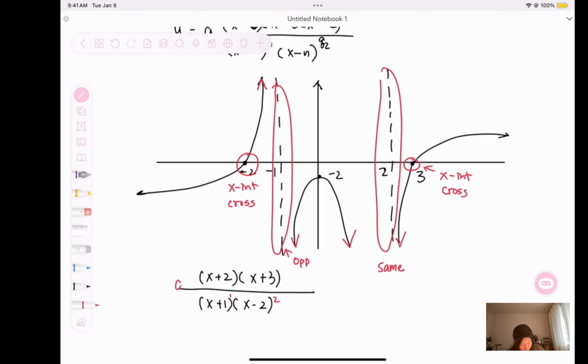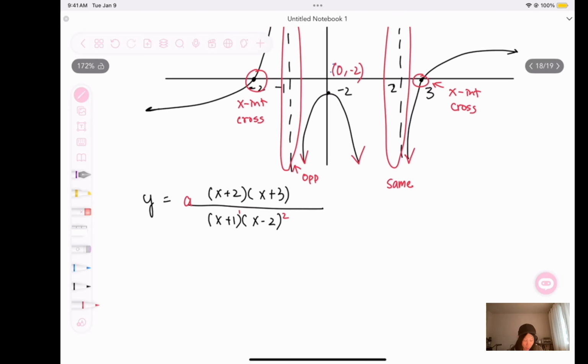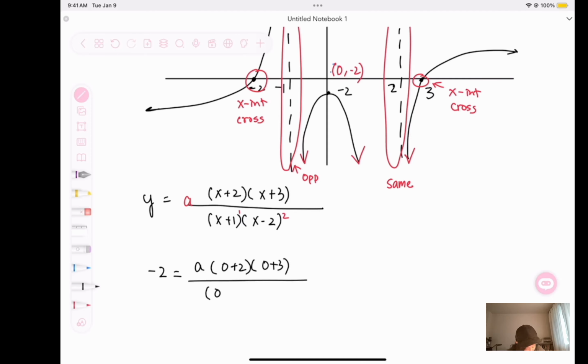And then we need to put the a down. So this is the scratch of the rational function. How do we determine a? We use the y-intercept, which is (0, -2). Let's substitute 0 and -2 for x and y respectively and find our a. So I have -2 equals a times (0 plus 2)(0 plus 3) over (0 plus 1)(0 minus 2) squared.